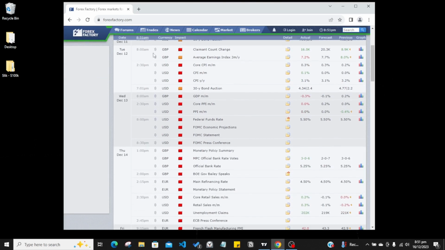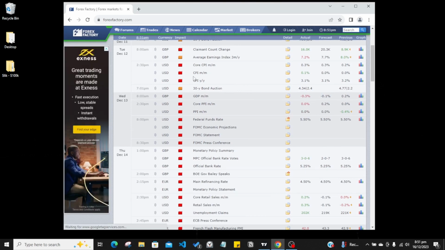Okay. We had some news events on Tuesday, CPI, which is a very volatile news event, and we had a claimant count change on GBP. So we had high impact news on Tuesday, and on Wednesday we had USD news, core PPI, and we had FOMC, which is very high volatile news as well.